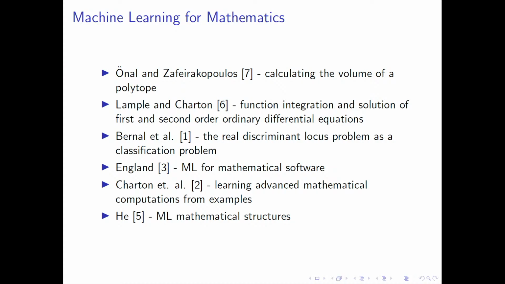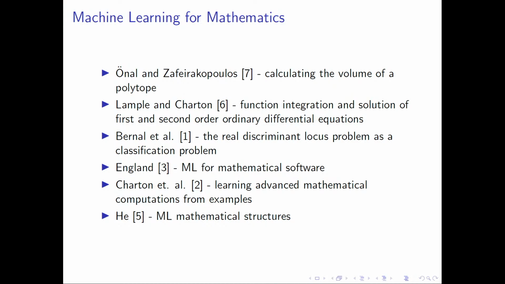Second, Lample and Charton try to make some symbolic integration and try to solve first and second order ordinary differential equations. They use the seq-to-seq method when doing that, and they achieve a better performance than some commercial computer algebra systems such as Mathematica or MATLAB.